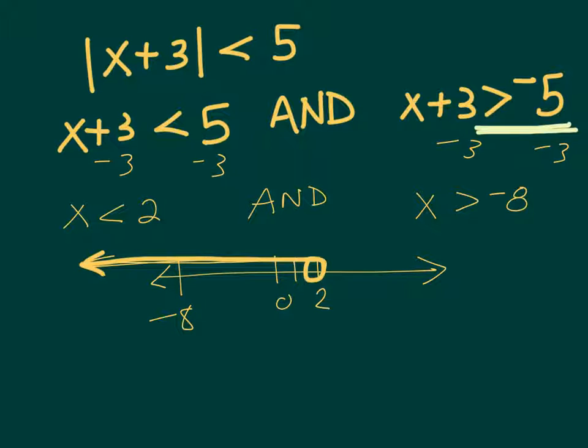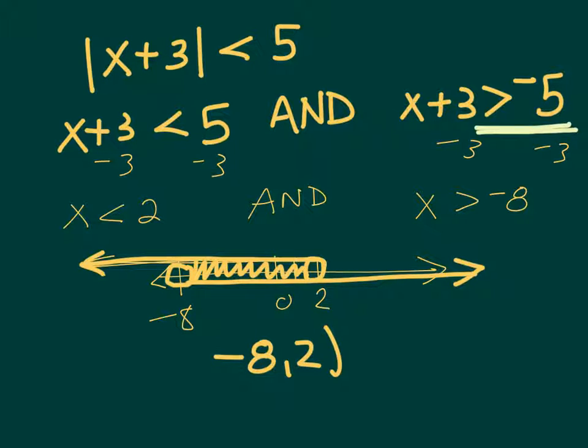And I want to be greater than negative 8, open circle and to the right. So the only place where these two things overlap is right in here. And the solution is from negative 8 to 2 with parentheses. I'm looking for an overlap because I want and.